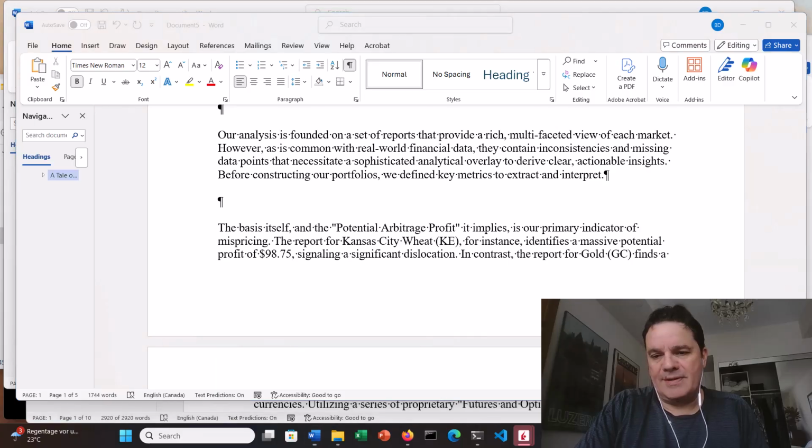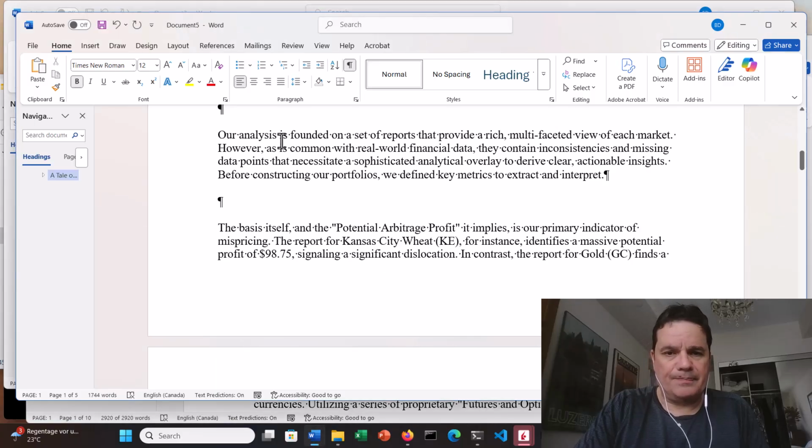But let's see here. We've got basis, the difference between cash price and the futures price on whatever, Kansas City wheat, $98. Gold could be another one. And then it will analyze the volatility rate between them all. Basically, the higher the volatility, the more opportunity, but you have a higher risk of taking on losses.